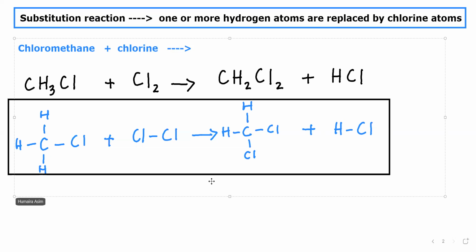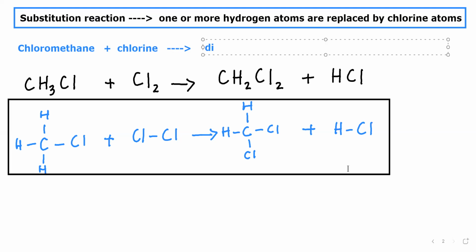So what will be the name of it? Let's add that here. This will be dichloromethane, because we have two chlorines, plus hydrogen chloride. Next one, I will let you try.